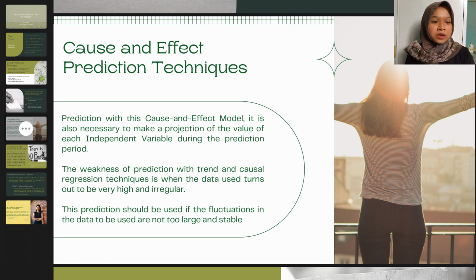In this case, it is very likely that the prediction result will be far from the real situation, because prediction using the trend method is based on the slope of the regression line, which may lead to overestimation. Therefore, this prediction should be used if the fluctuation in the data is not too large and is stable.